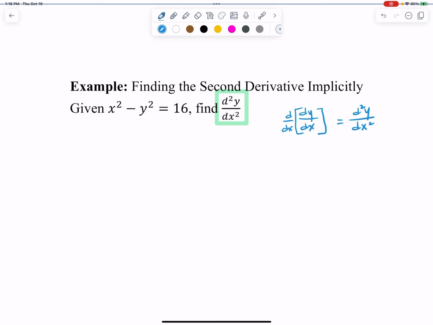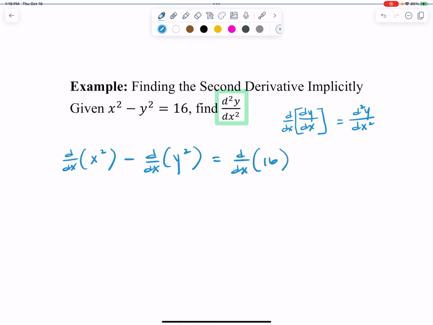But to find the second derivative, we need to figure out what the first derivative is. So let's think about differentiating each side of this equation or each term. This is the step where we are indicating what we are differentiating with respect to, because we're not always necessarily differentiating with respect to x.